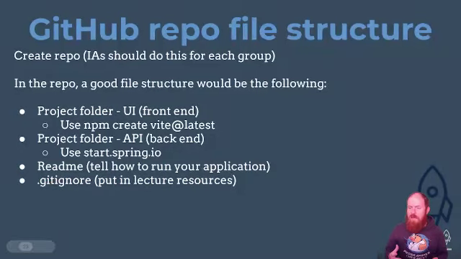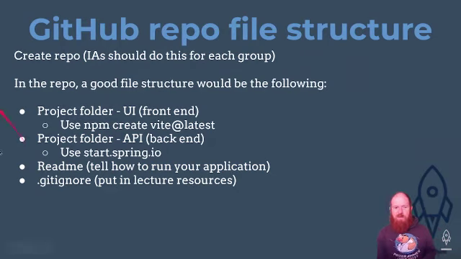And then, this is my experience. You know that whenever you do a Git repo, there are .gitignore files. Here's the problem. Whenever you create the UI one, it's going to create a .gitignore in your UI folder. When you do start.spring.io, it's going to create a .gitignore for that one. Then somebody on your team, it'll probably be you, tries to open this stuff up in VS Code or IntelliJ or something else in the wrong location.